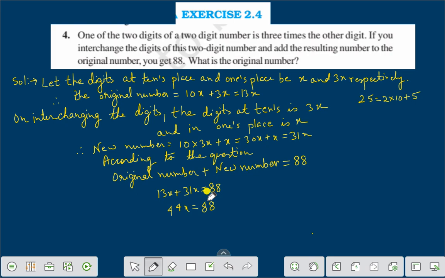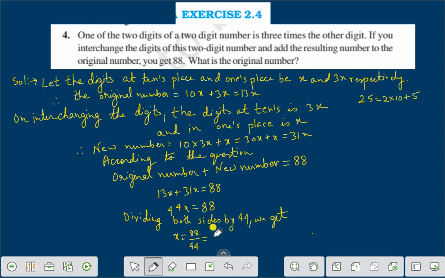Dividing both sides by 44, we get 44x by 44 is equal to x, and 88 by 44 comes to 2.